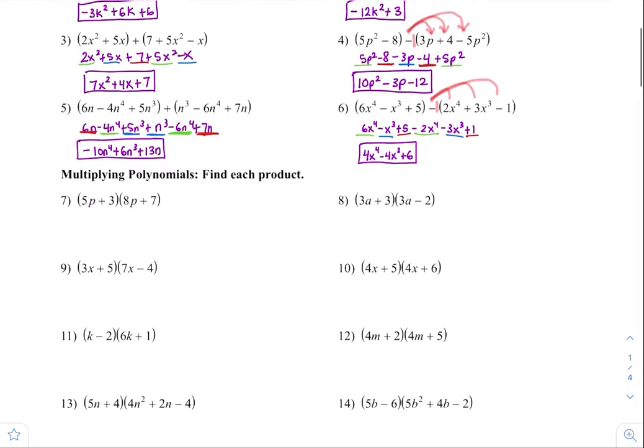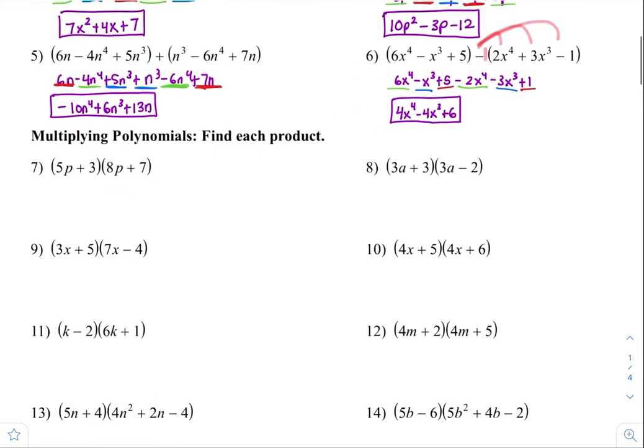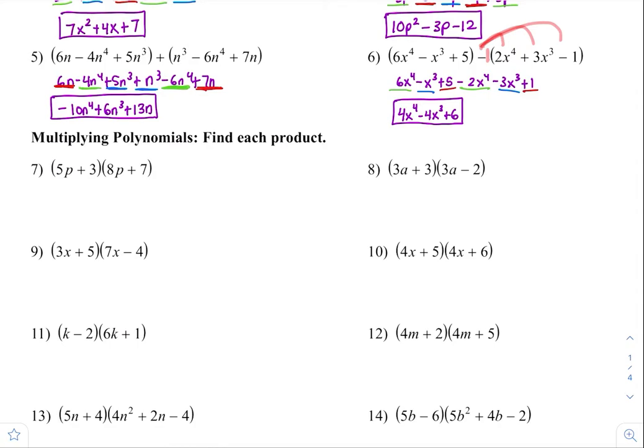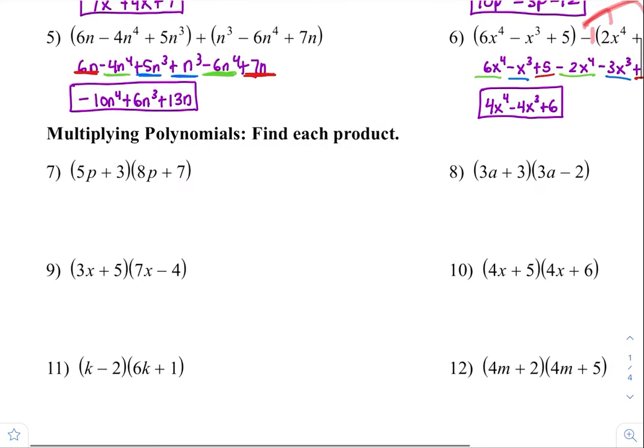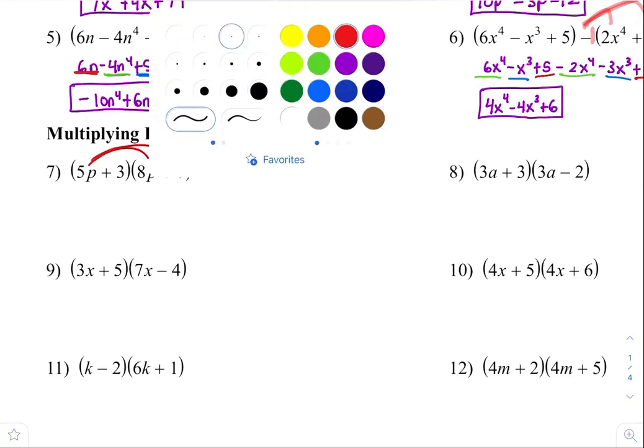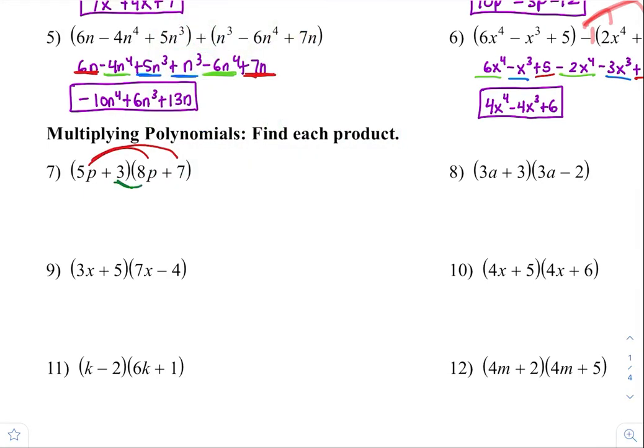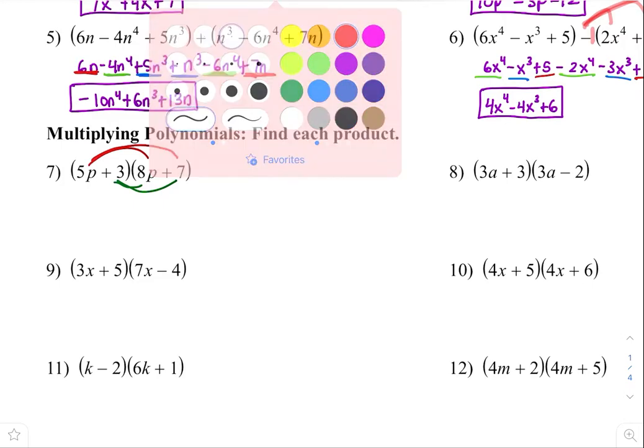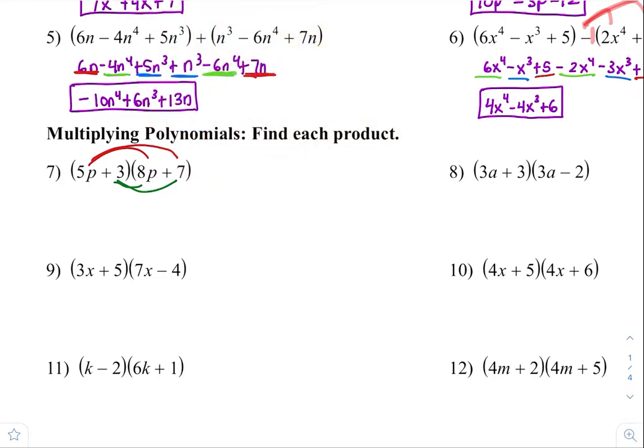Alright, now we're going to get into multiplying our polynomials. So we first got this distribution, and then this distribution. So 5p times 8p is 40p squared. 5p times 7 is plus 35p.